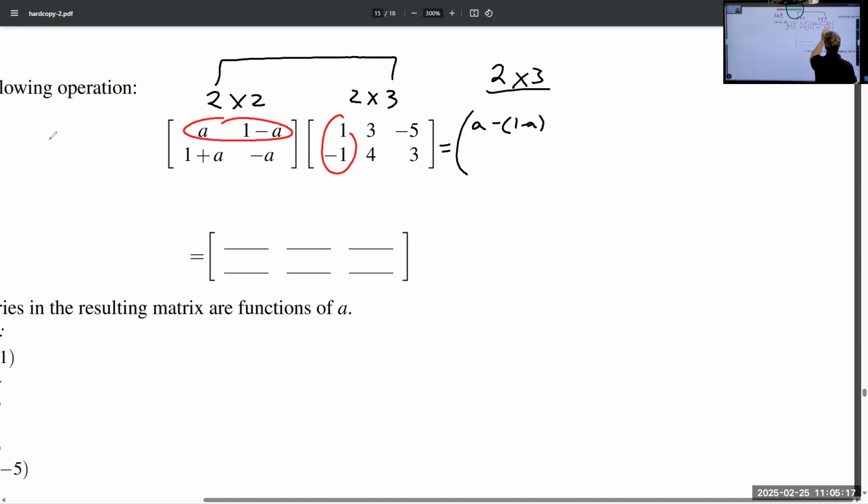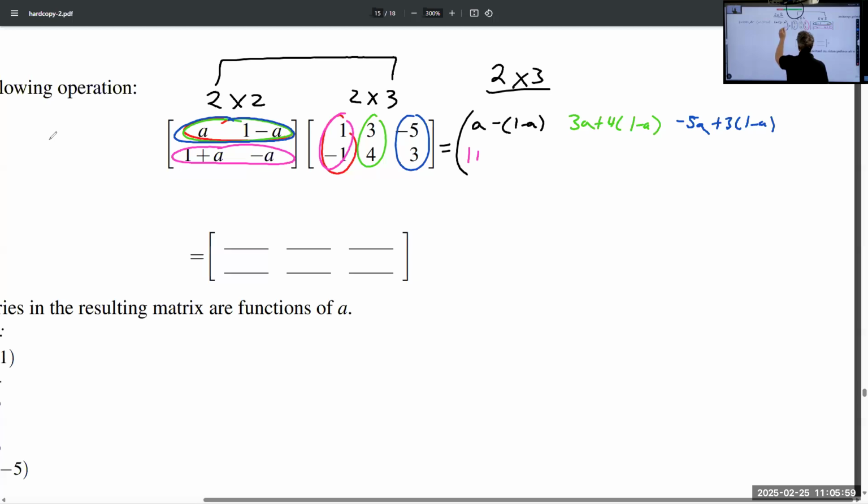Okay, next it's row by column. So that would give me 3A plus 4 times 1 minus A. Row by column. That's negative 5A plus 3 times 1 minus A. Row by column.